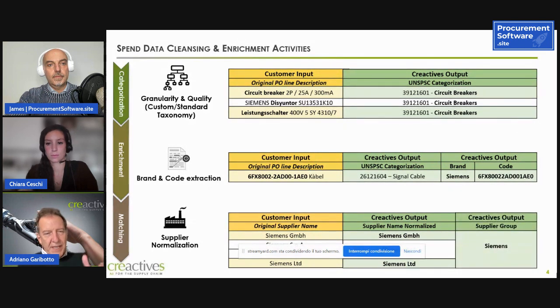So when we said that we need quality on master data and in material and POs and purchase order and invoices, what we are saying as Creactives is that we are able to take information that today is like the yellow part of the story, and we can transform, enrich and normalize it in the way that you can see in the green part of the story using artificial intelligence.